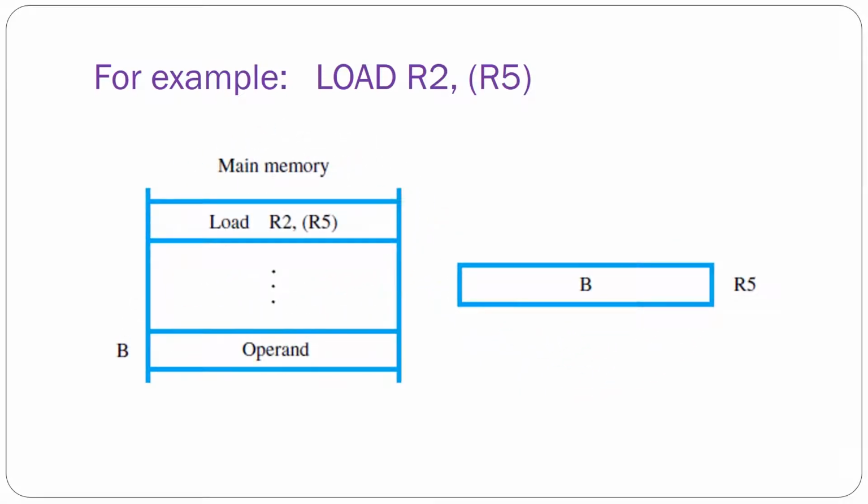Here, to execute the load instruction, the processor takes the address of B which is in register R5. After the contents of B are fetched, the value gets loaded into register R2. The indirection mode is not valid for memory addresses. Its advantage is that it can be reused any number of times on different data.